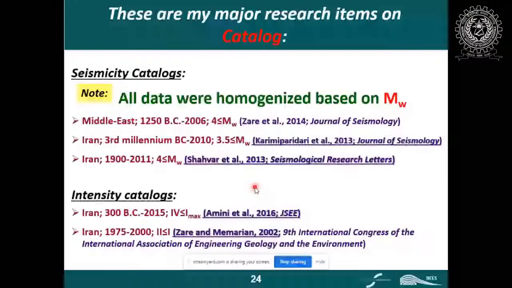This shows a very general view of what we have as the source of our seismicity catalogs.